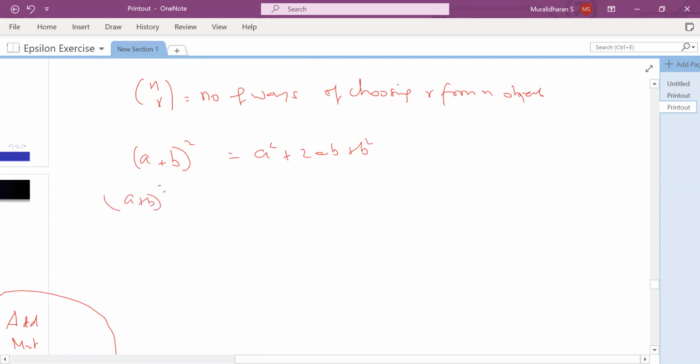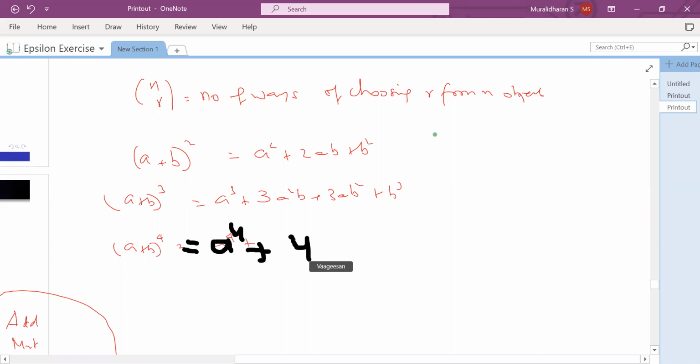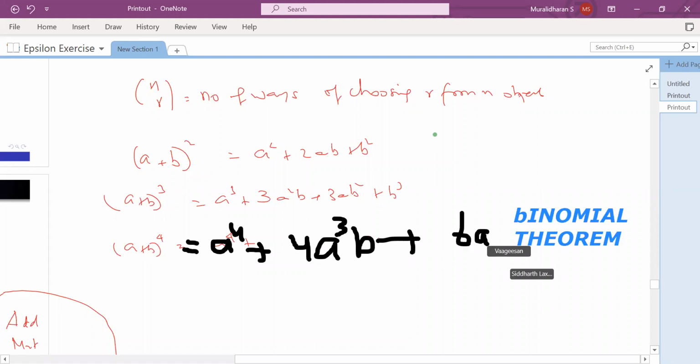A plus b whole cubed is a cubed plus 3a square b plus 3ab square plus b cubed. And similarly, a plus b whole power 4 is a power 4 plus 4a cubed b plus 6a square b square, etc. It's the binomial theorem.